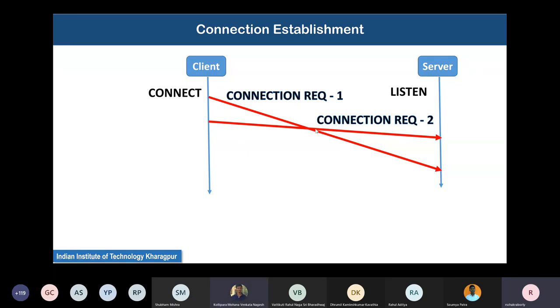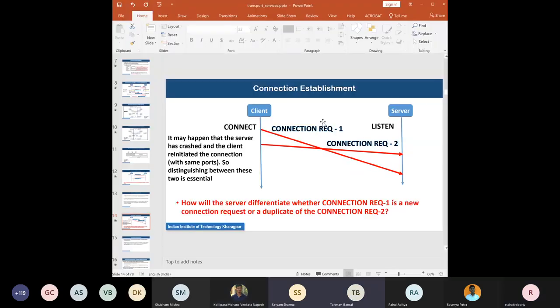These two arrows would never have... Excuse me, sir. Sir, there is some constant noise in the background. Could you mute everyone, sir? It is not coming from my machine. I am also getting the signal. Sir, could you mute everyone else? Oh, I can mute others. Students, could you please mute?